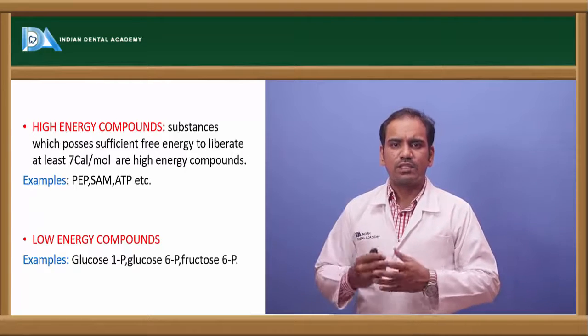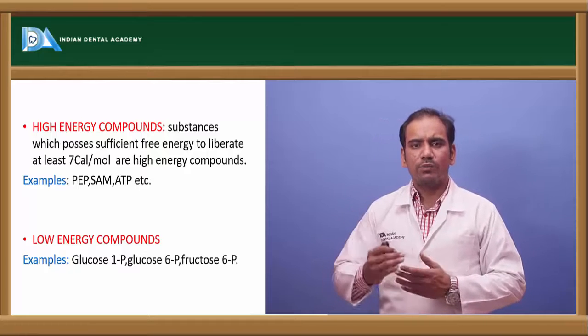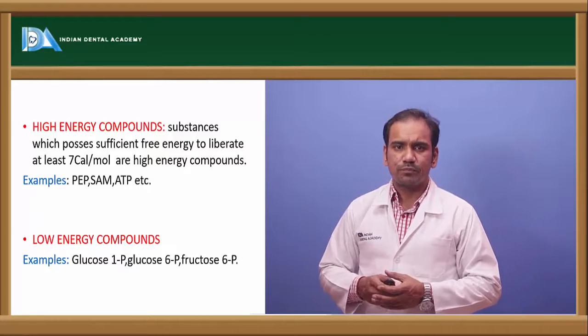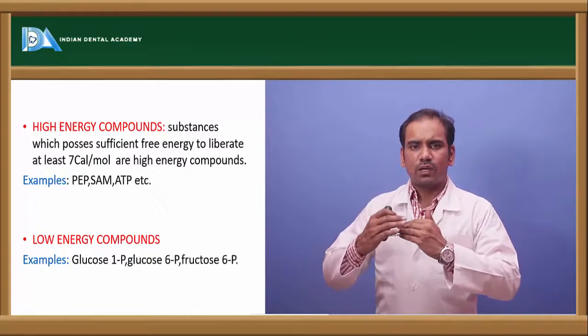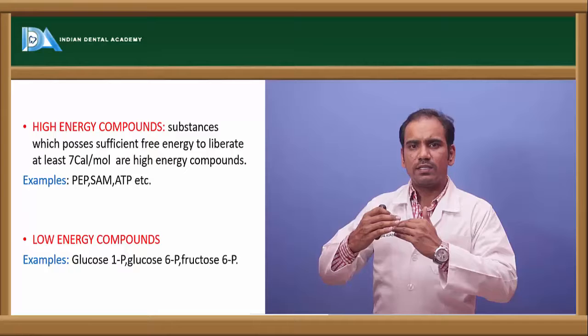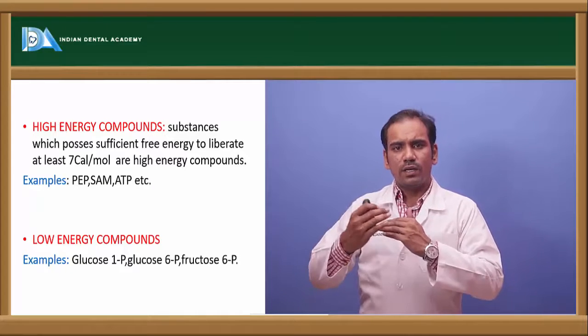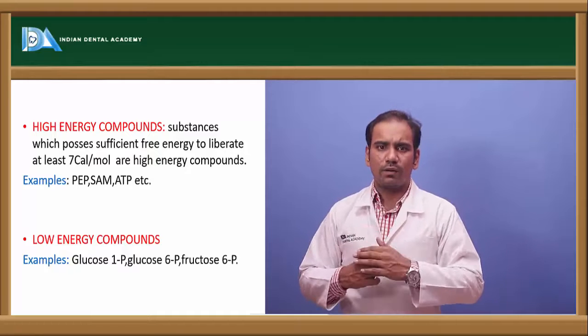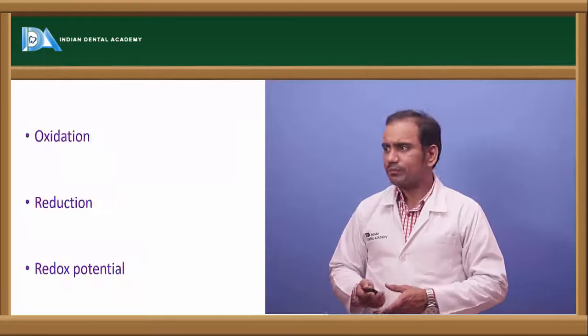So this is the classification of compounds into high energy and low energy based on the amount of energy released. Here the basis is 7 kilocalories. Compounds which release more than 7 are high energy compounds; if it is less than 7 kilocalories per mole, they are low energy compounds.